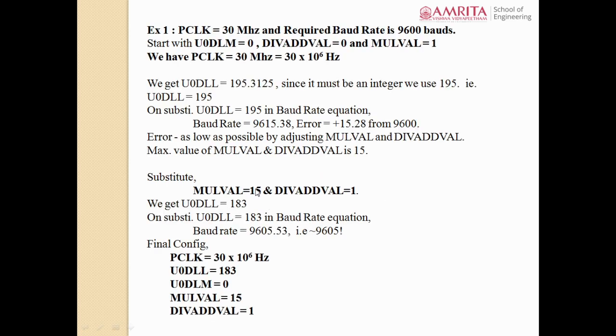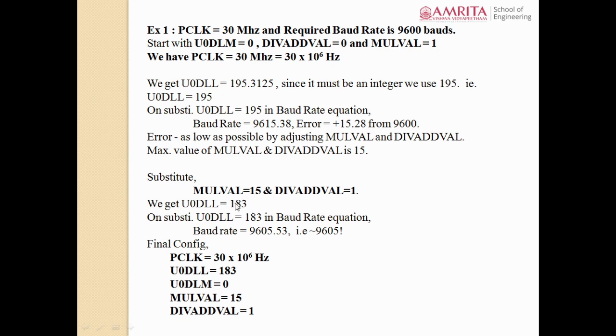So by changing mul value as 15 and divide value as 1 and substituting along with the PCLK and DLM, you will be getting U0 DLL as 183. Previously you were getting U0 DLL as 195. Now you are getting 183.